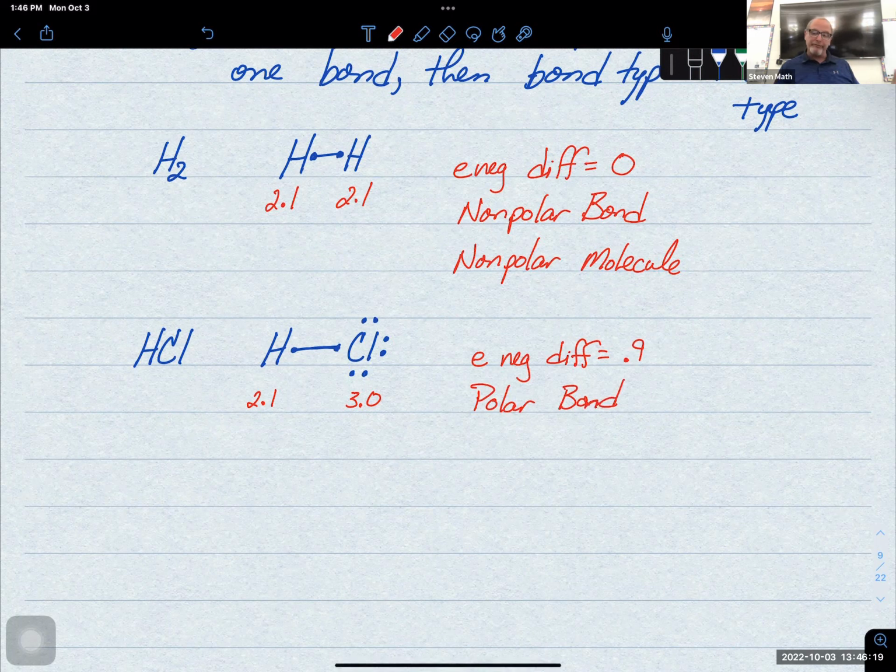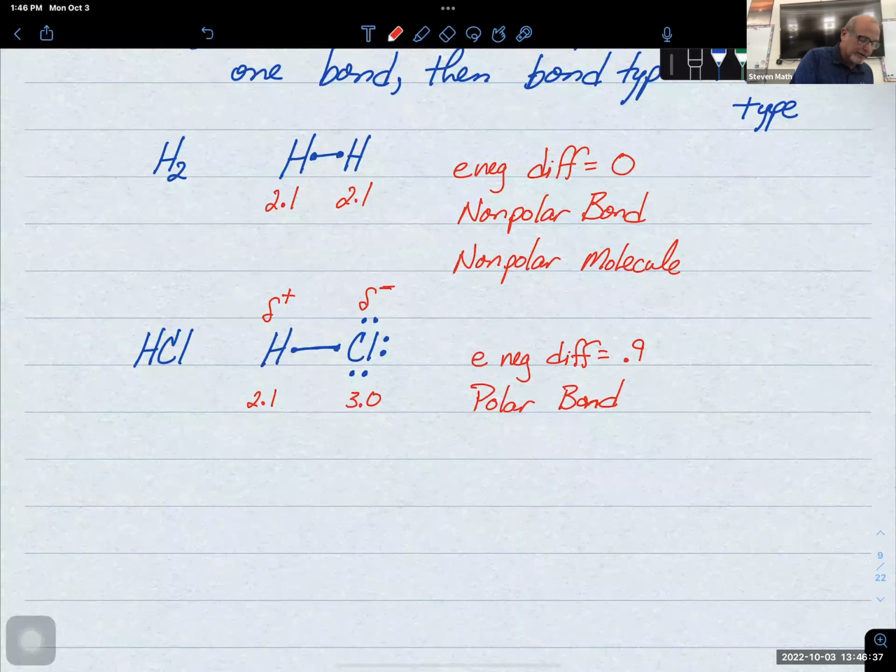And we could even go further and say, oh, well, hydrogen has the lower value, so we could designate that as a partial, that's a lowercase delta positive. Chlorine is higher value, delta negative.